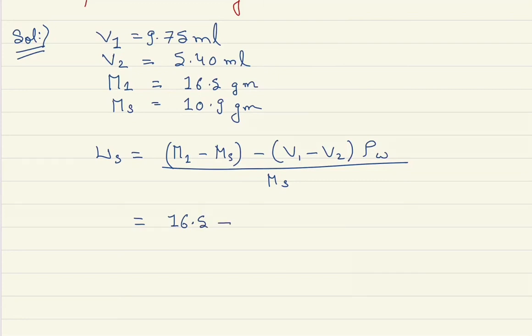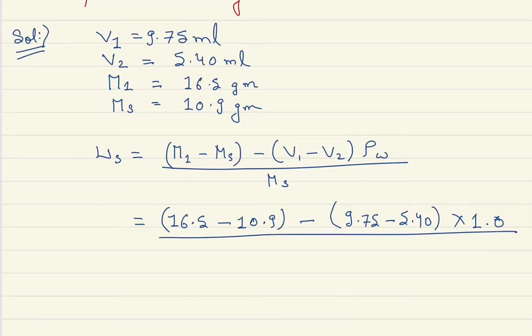So what is m1? M1 is 16.5 gram, minus what is ms? It is 10.9 gram. Minus what is v1? V1 is 9.75 ml, minus v2 is 5.40 ml, into rho w is 1, divided by ms, which is 10.9.